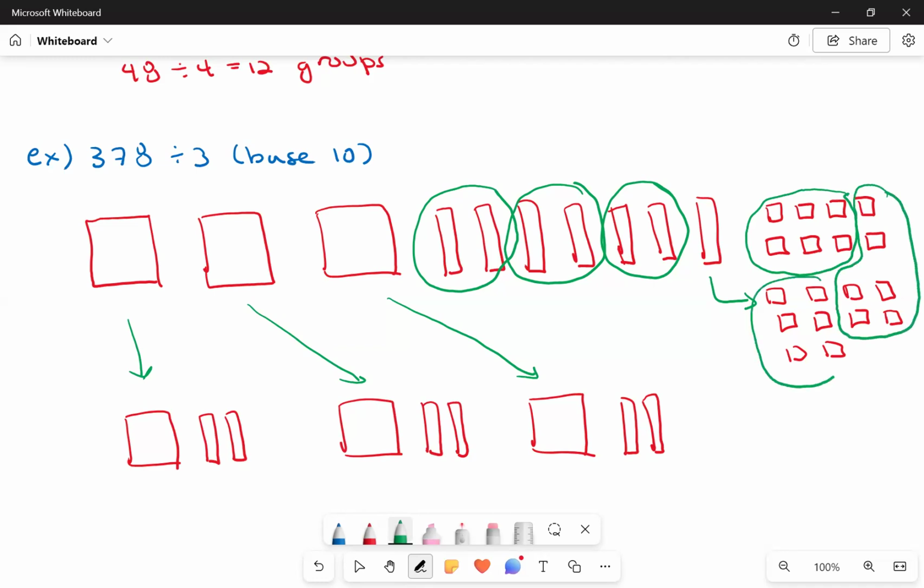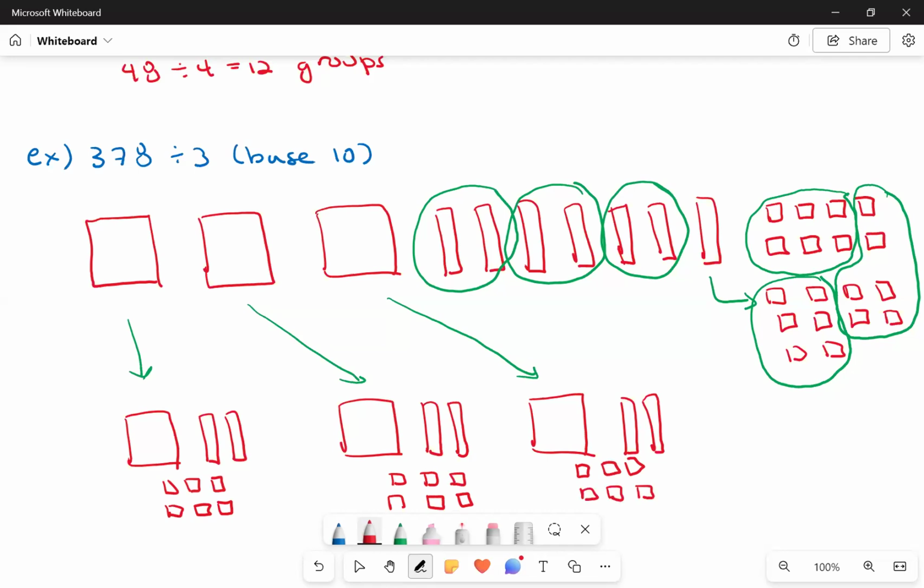And there's the remaining 6. So each group gets 6 ones. I'll just kind of draw them underneath because I didn't give myself that much space. They get worse as I go. Oh, well. All right, there we go.